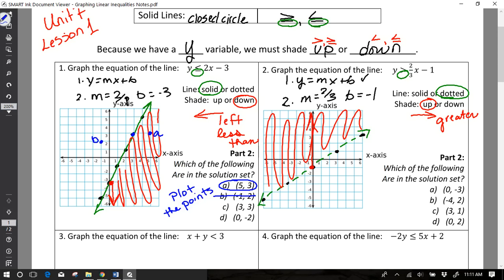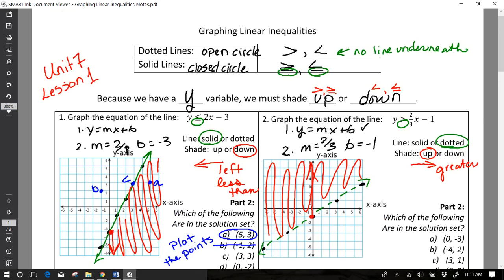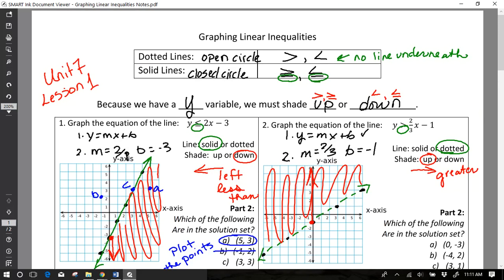positive 3 is right there on top of the line. Okay. When it is right on top of the line, we do need to be careful. So I'm going to go back up to the top of my paper and I'm going to add another note. What did it mean back when we had open circles and closed circles?